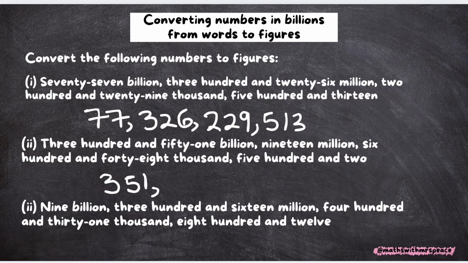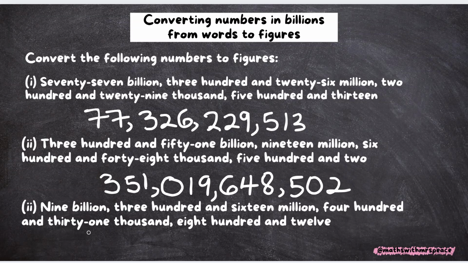We don't have 100 and something million. It's just 19 million. So again, we're going to represent that with 019, comma. So this is your 19 million. And that's going to be followed with 648,000. We have 648,502.